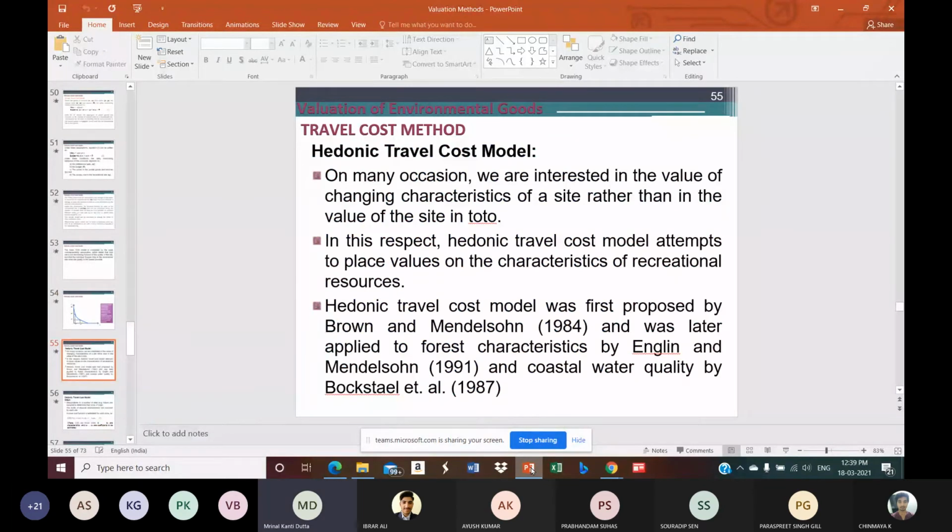In the case of the hedonic travel cost model, we are interested in the value of changing characteristics of a site rather than in the value of the site in total. In this respect, a hedonic travel cost model attempts to place values on the characteristics of recreational resources. So there are different characteristics, and for all these characteristics, certain values might be placed.